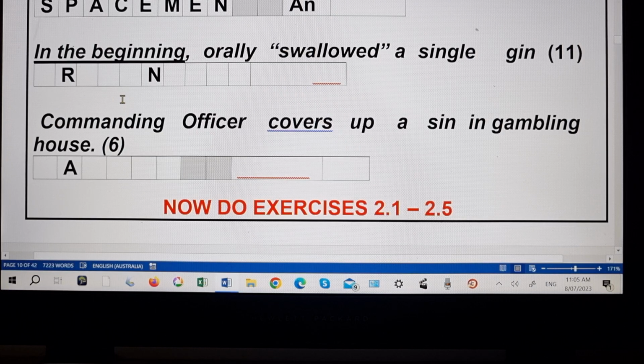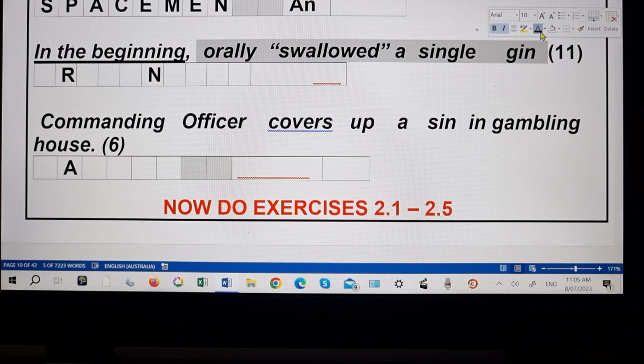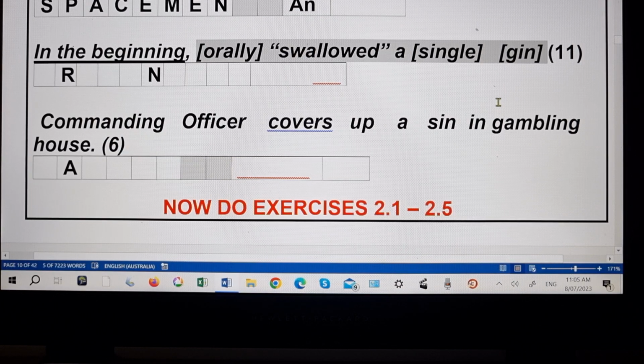In the beginning, a synonym for in the beginning. At the start, first, in the beginning. And of course, if you're not quite sure, you can get a hint from these here, because we're assuming at this stage that they are the two fodders, I suppose, orally and single gin.